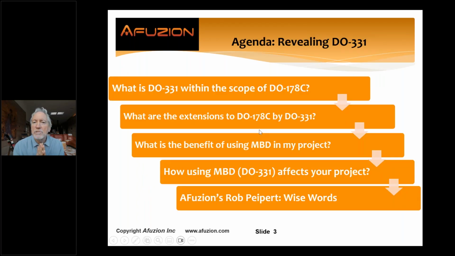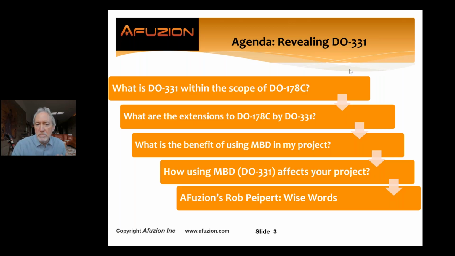So Rob is going to tell you about our agenda, okay? It's fast-paced, and Rob is truly an expert. So we're going to talk about how DO 331 fits into that aviation ecosystem. What are the extensions that make it work, okay?